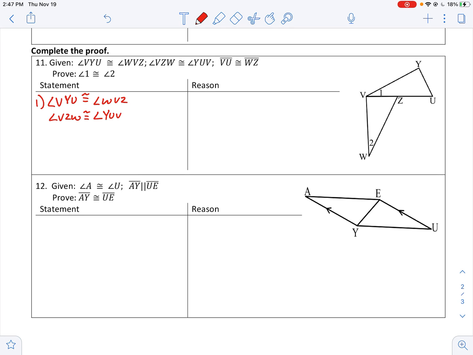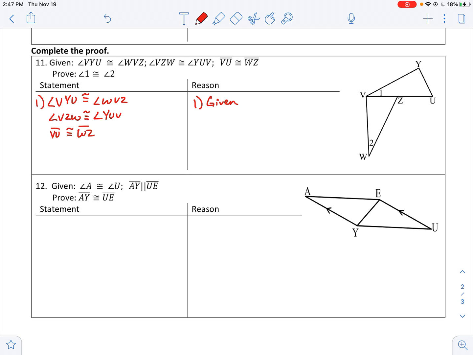What is it? VU and WZ? I should probably... No, that's not good. VU. That's better. Oh, I used up half my space on givens. That's not helpful.